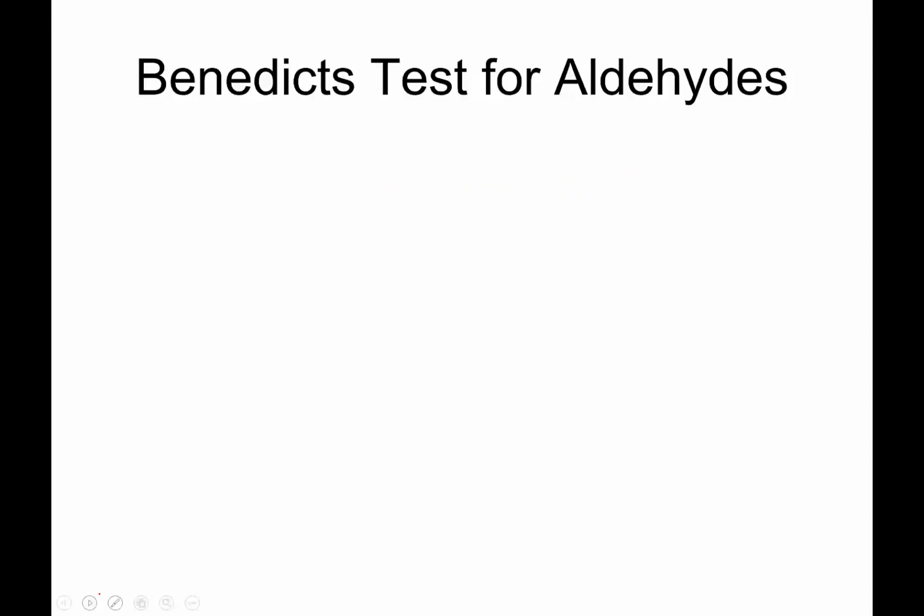And the last one that you may have done in biology class is a Benedict's test. And in the Benedict's test, it's the same principle. I'm going to take my aldehyde and react it with a copper 1 reagent along with hydroxide.